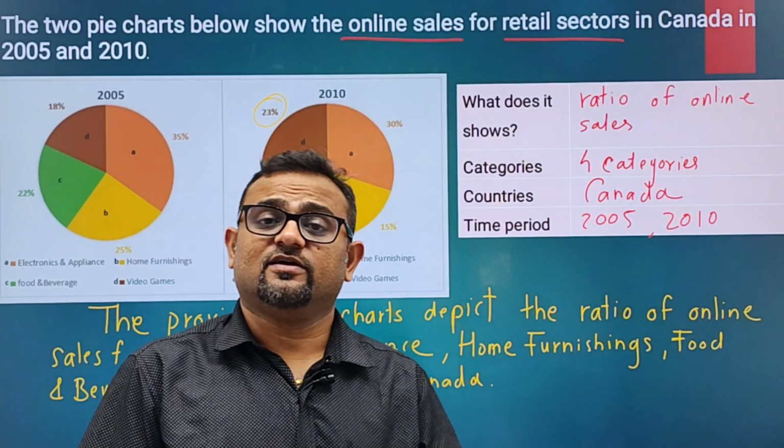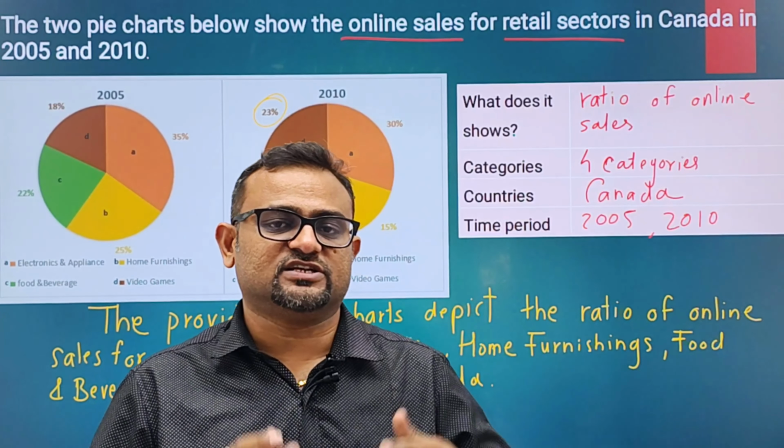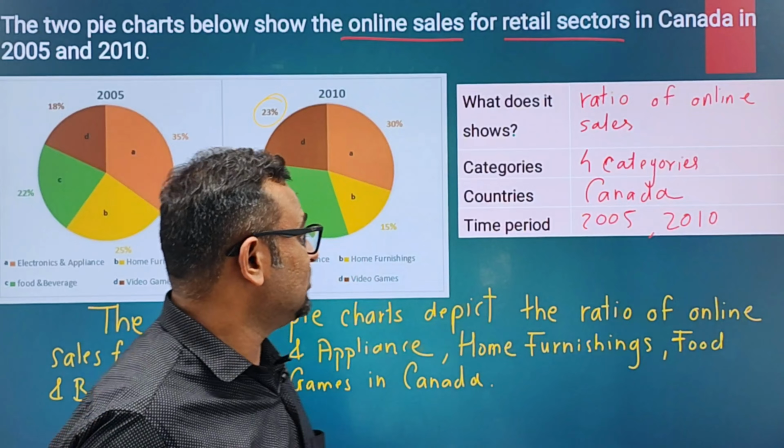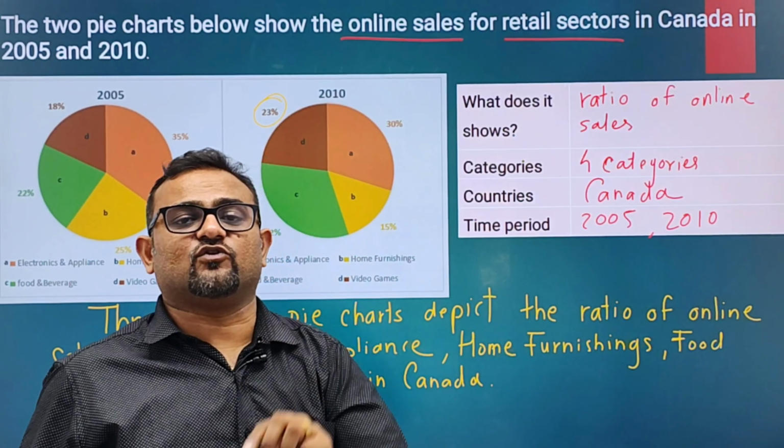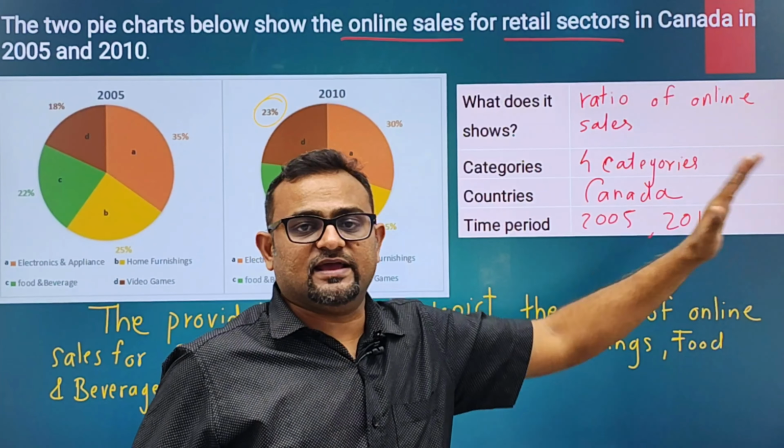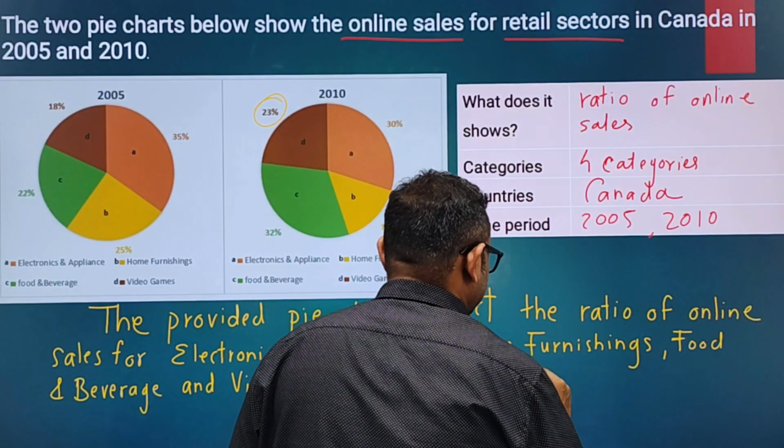Now the last part, the time element. Two different time periods are given. So the information is given for the years 2005 and 2010.